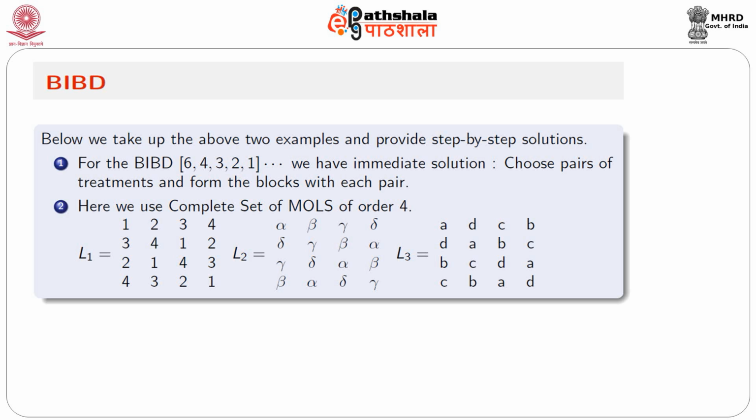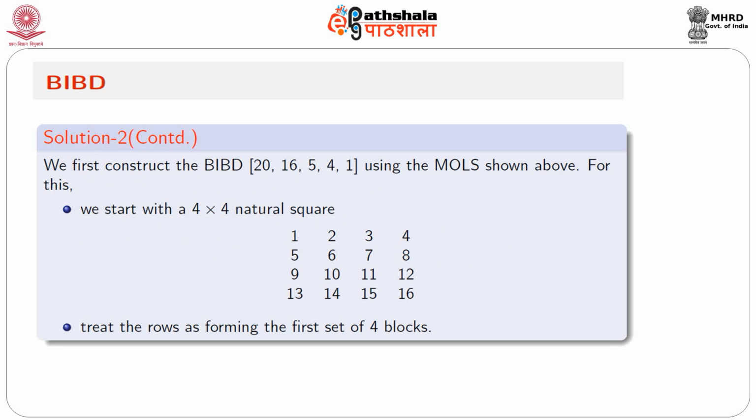Same with any pair. Therefore, these are called mutually orthogonal Latin squares. So we have a set like this which involves altogether 4 symbols in every Latin square.